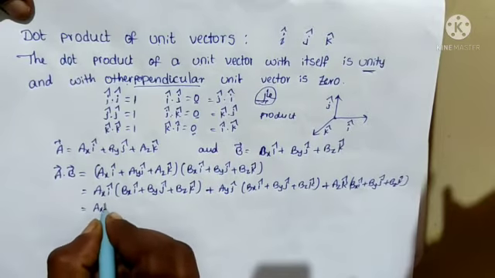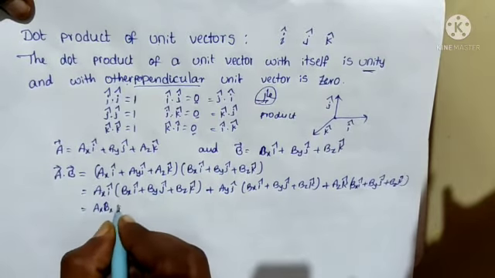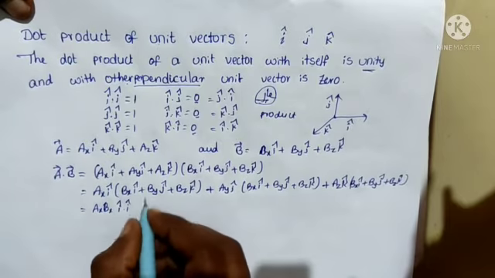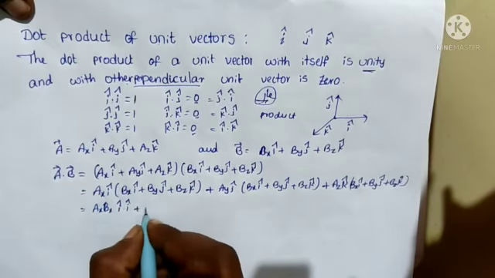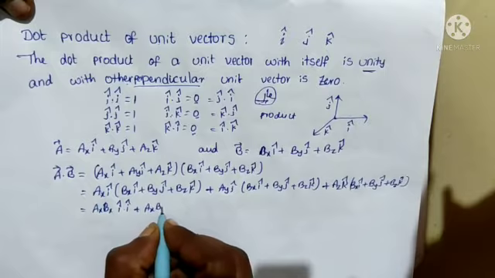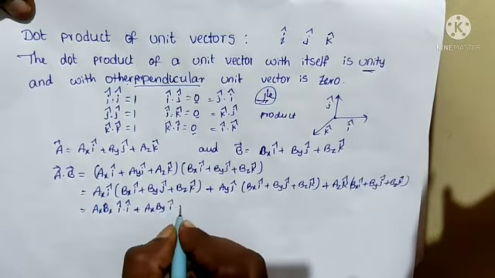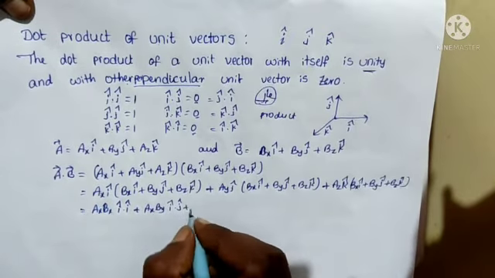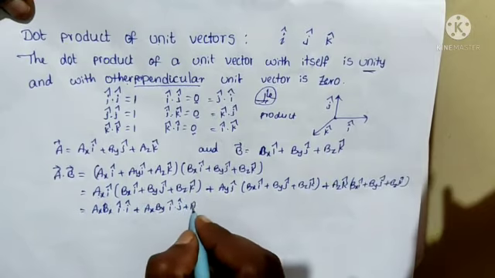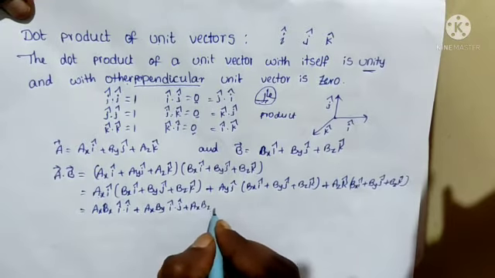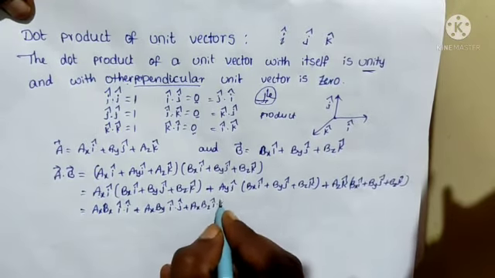So Ax Bx i cap dot i cap, first one; second one, Ax By i cap dot j cap; plus third one, Ax Bz i cap dot k cap.